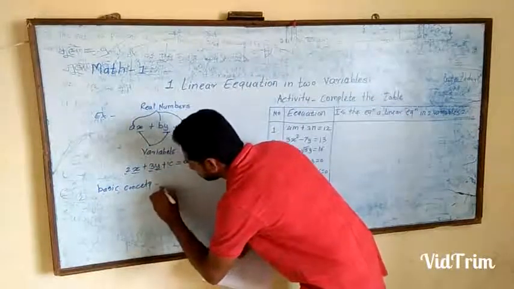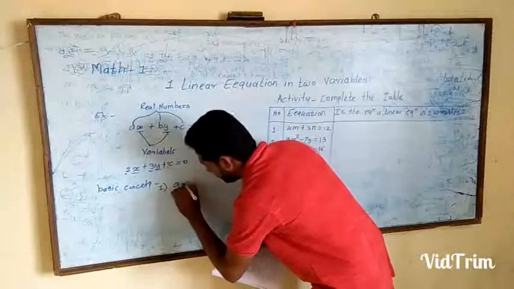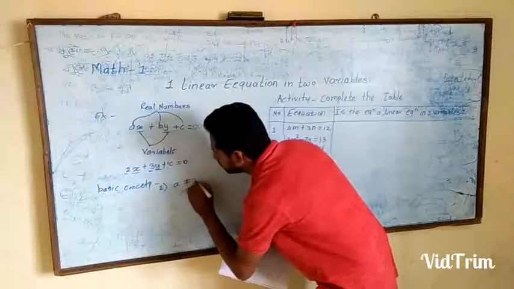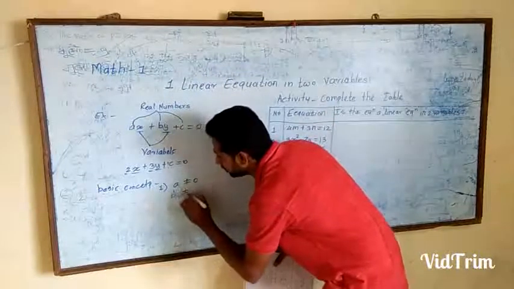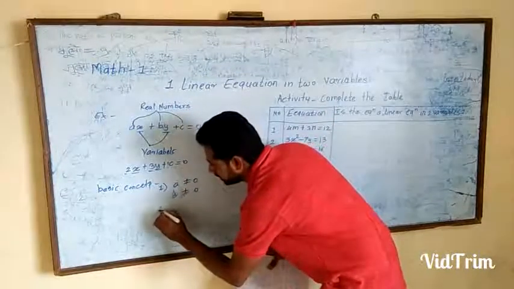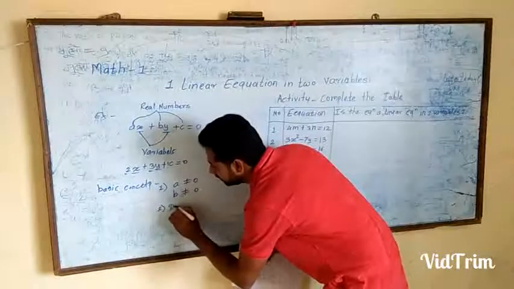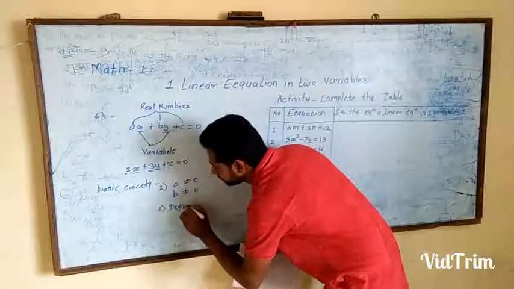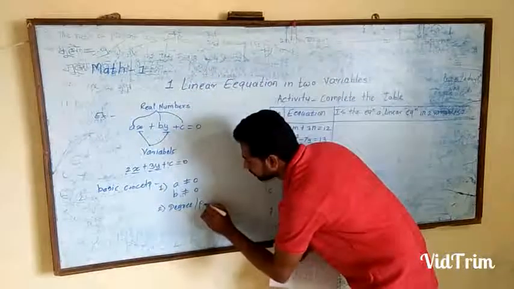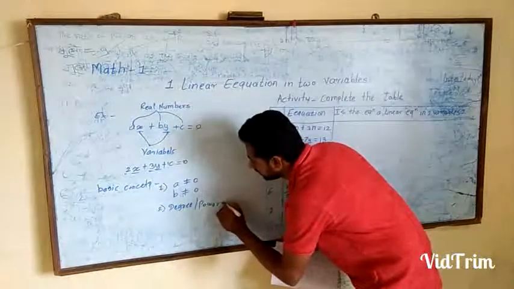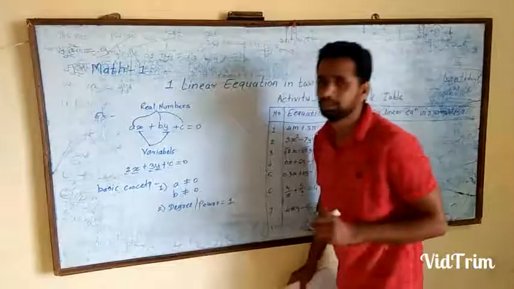First, a is not equal to 0. b is not equal to 0. And second is degree. इसको हम त्याला आपण पावर असं म्हणतो. पावर किती असली पाहिजे 1 असली पाहिजे.